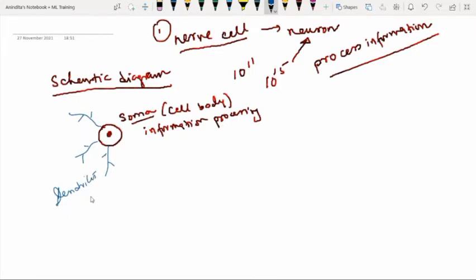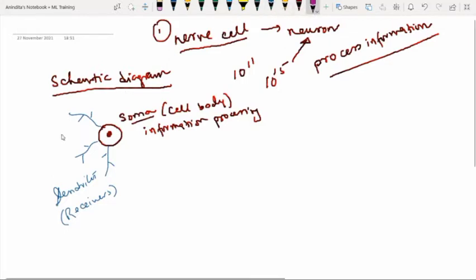You can visualize these dendrites as receivers: whatever information is fetched from the external environment, the dendrites act as receivers.